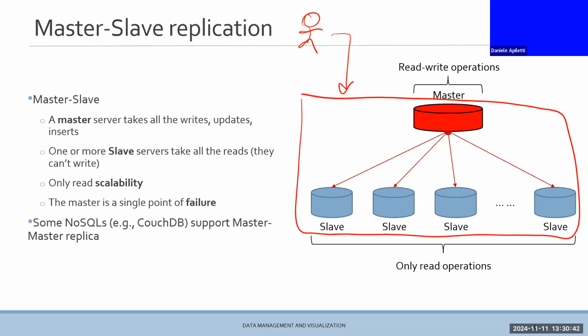So this insertion, this write operation, okay, is sent typically to a master, okay? A master is the main node in charge of receiving the write operations. So insert, update, and delete, okay? Then data replication happens. So after the write operation on the master, of course, the master can also answer the read operations because it contains all the data, okay?